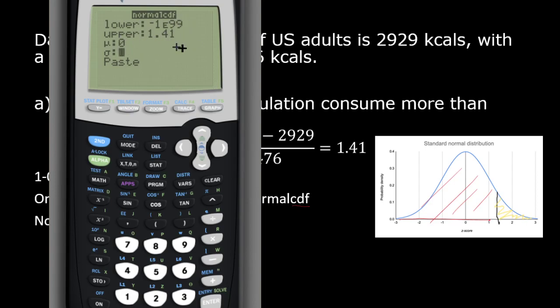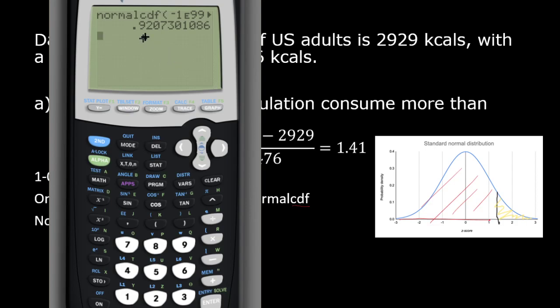Just put 1.41, and then if you go down and click paste, you'll see that the value that you get is exactly the same as the table, except that it actually has a few more digits because the calculator can show you more. So that's what you do for finding the value of the area when using the calculator instead of the table.